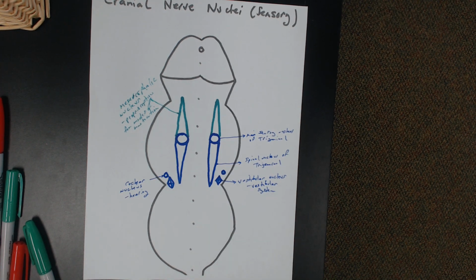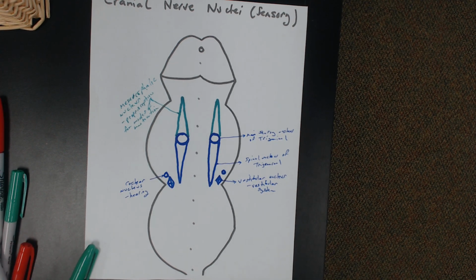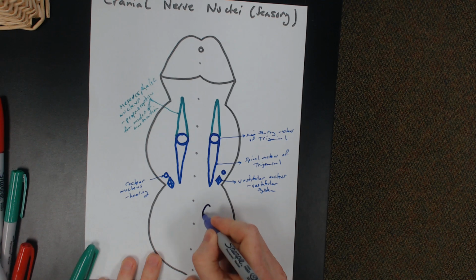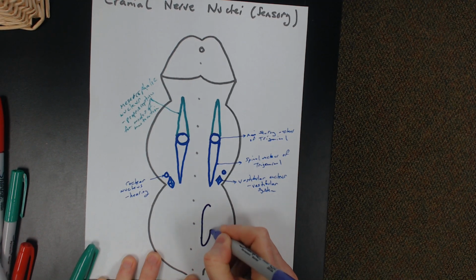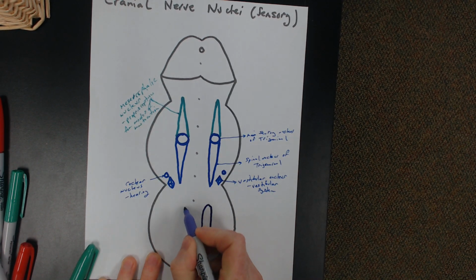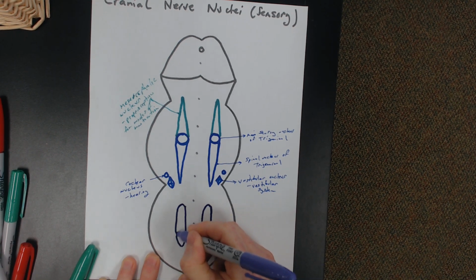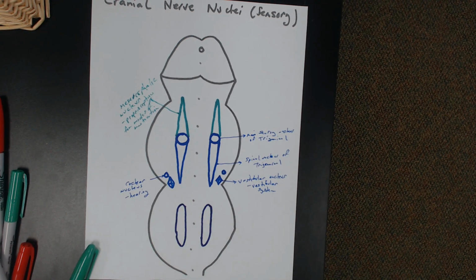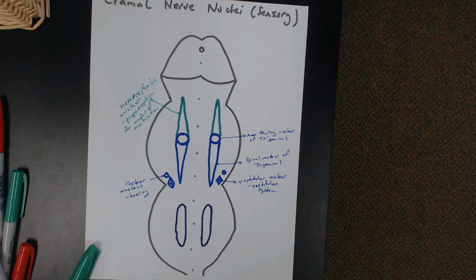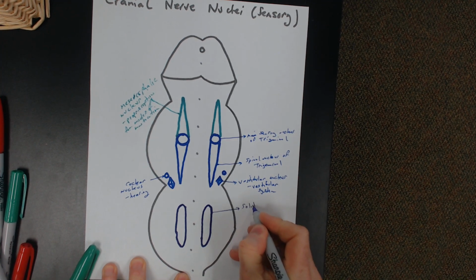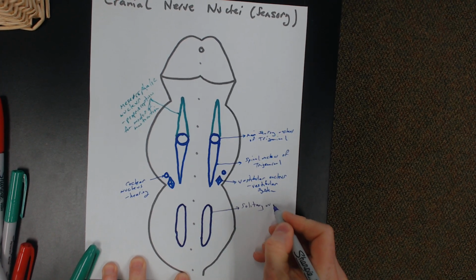Okay, moving on down, there's only one more general sensory nucleus that we have to worry about, and it stands alone. It is down here in the medulla. It's a big old nucleus, and it is the solitary nucleus. This is your solitary nucleus.